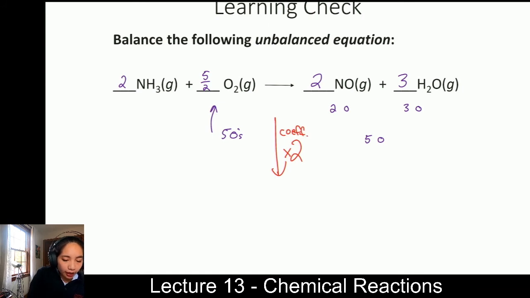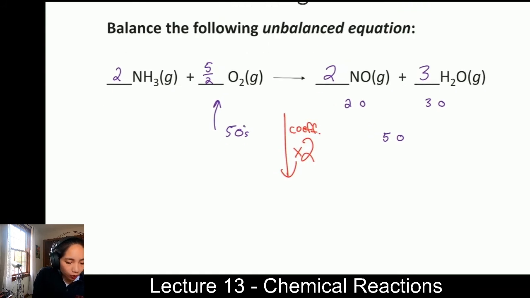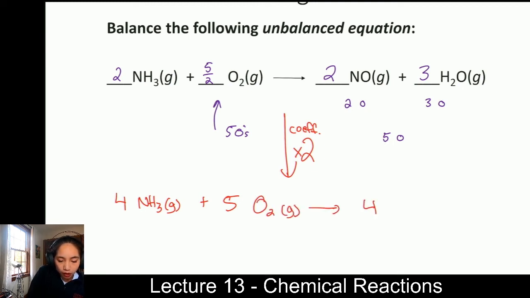So our actual balanced equation would be 4 NH3 gas, plus 5, so 2 times 5 over 2, the 2 on the bottom just cancels, so 5 O2 gas gives us 4 NO gas and 6 waters.